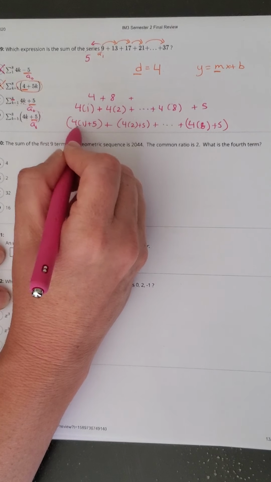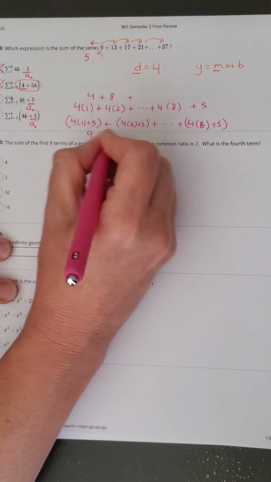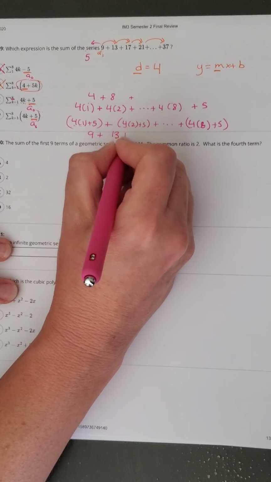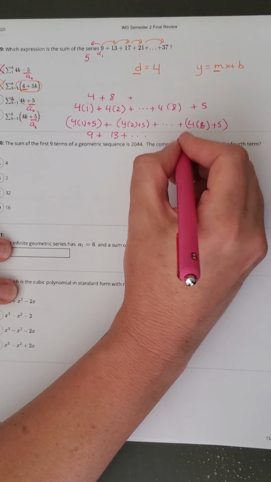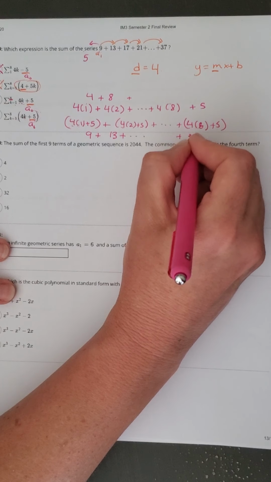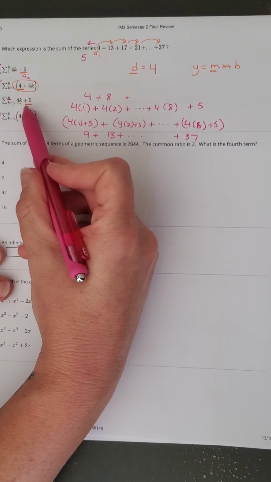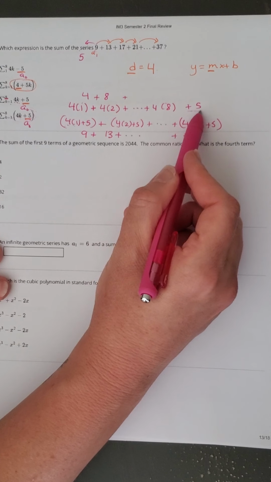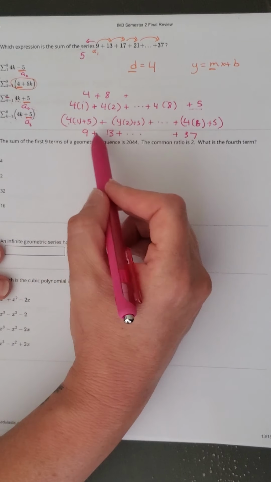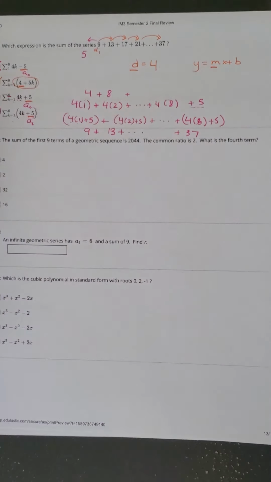This gives me 4 times 1 plus 5 is 9, plus 8 plus 5 is 13, plus... This is matching. The last term would be 4 times 8 is 32, plus 5 is 37. Oh, it must be D. So without the parentheses, you only add 5 at the end. With the parentheses, you add 5 to each and every term when you substitute K in.